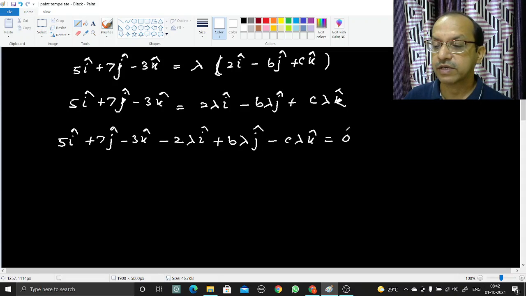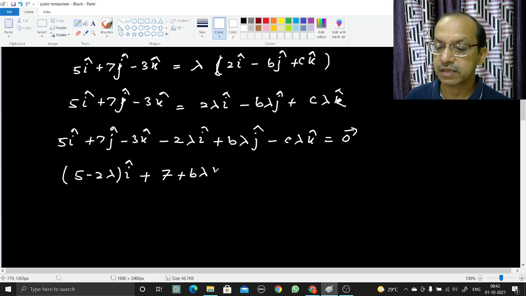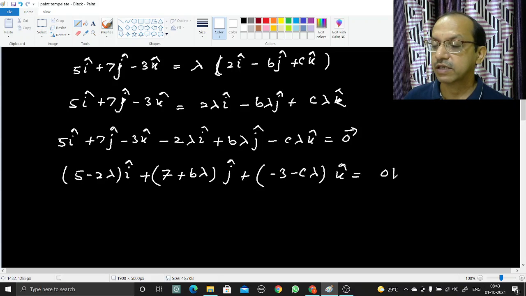It is not actually 0, it is 0 vector. So 5i cap minus 2 lambda i cap, that is (5 minus 2 lambda) i cap, plus (7 plus b lambda) j cap, plus (minus 3 minus c lambda) k cap, and the 0 vector is actually 0i cap plus 0j cap plus 0k cap.